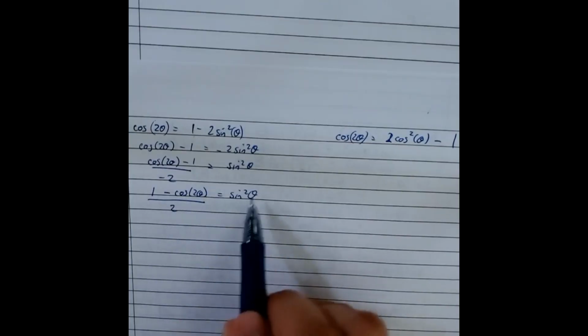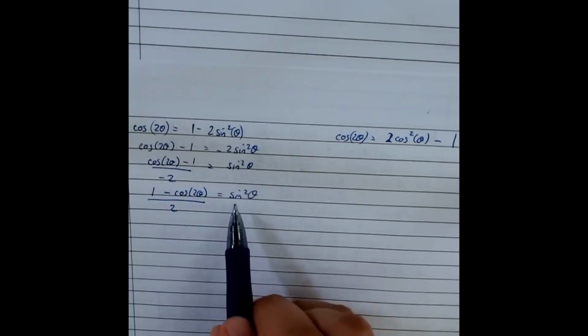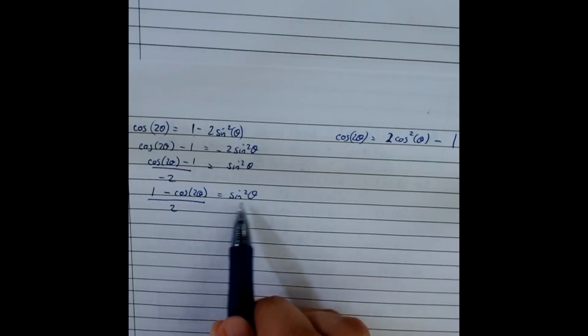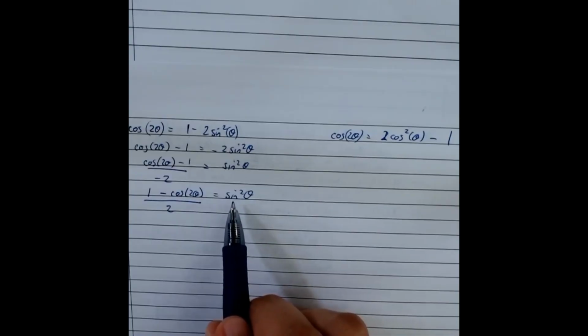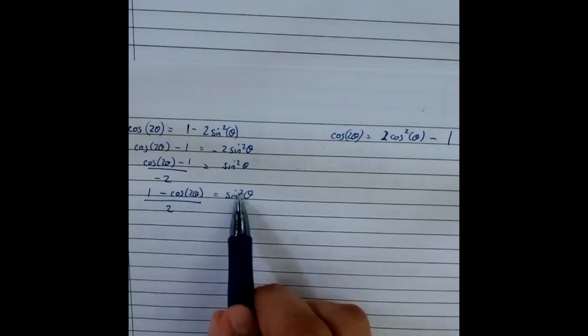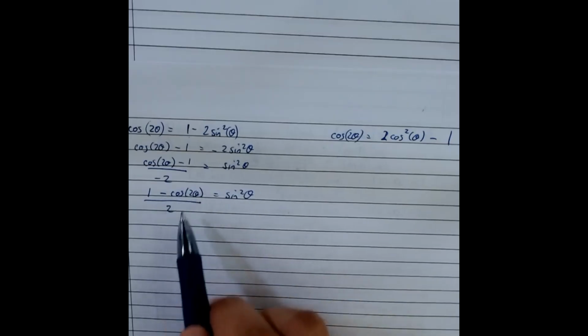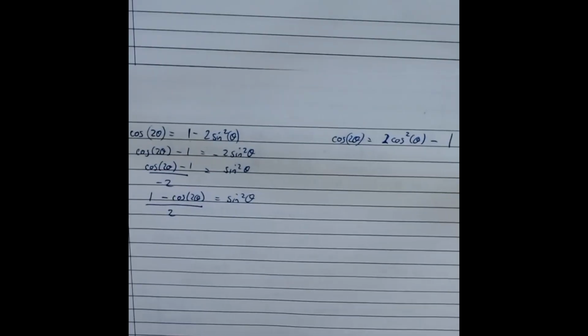We would rather have, in fact, any even power makes things difficult. So this is used now to compute a few numerical values and to confirm some identities and solve some equations, but eventually this is used because even powers of sine or cosine are difficult to work with for what we're going to want to be doing in later courses. By reducing the power, even though the angle gets bigger, having a smaller power makes things easier to work with.